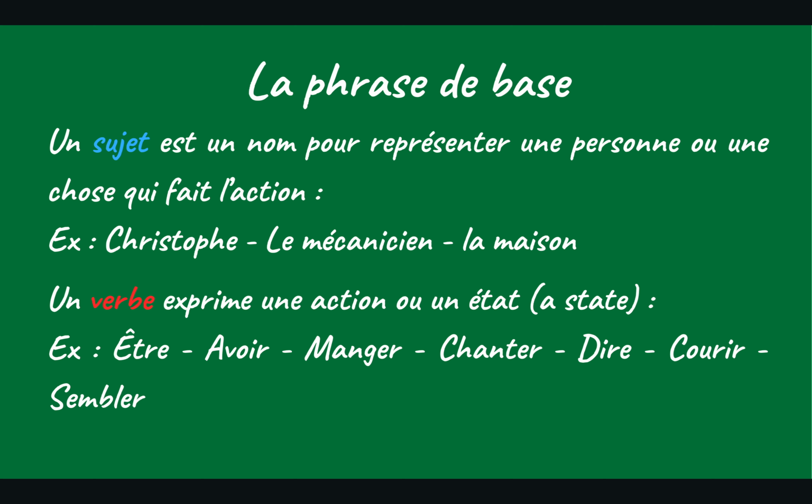The second element is a verb. Le verbe, so it's an action or it is a state, un état. Une action ou un état. For example, I put a few verbs here. You have être, to be, avoir, to have, manger, to eat, chanter, to sing, dire, to say, courir, to run, sembler, to seem. So, for example, être is a state.